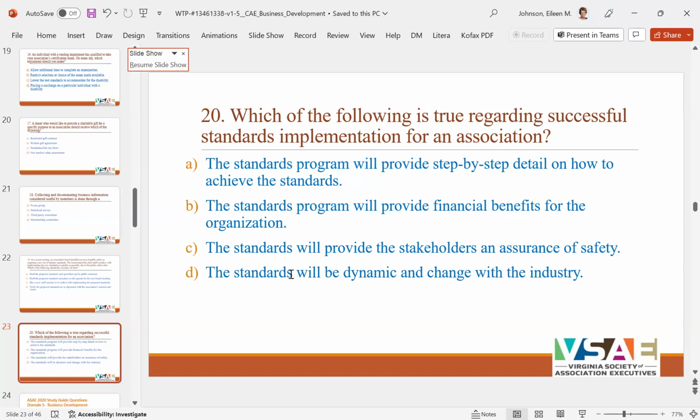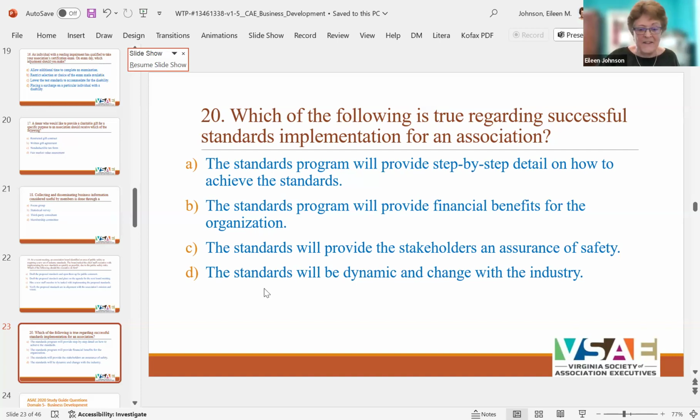B is pertinent, but not with regards to implementation, I don't believe. So I'm between A and C. A? That's correct. Oh, whew, okay.